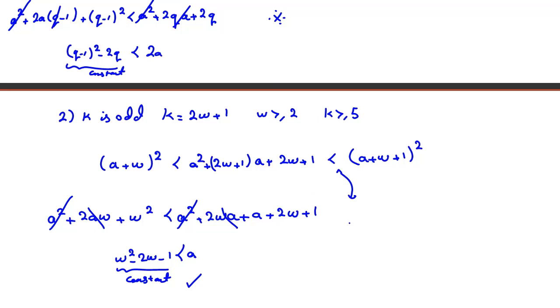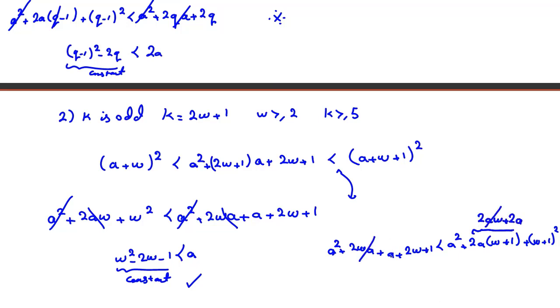Next part, again, we write a squared plus 2wa plus a plus 2w plus 1 is less than this part, a squared plus 2a times (w plus 1) plus (w plus 1) squared. Oh, sorry. This one is 2aw plus 2a. So we can cancel this, but a and 2a, it will be a. We've considered this one. And a squared will be cancelled.